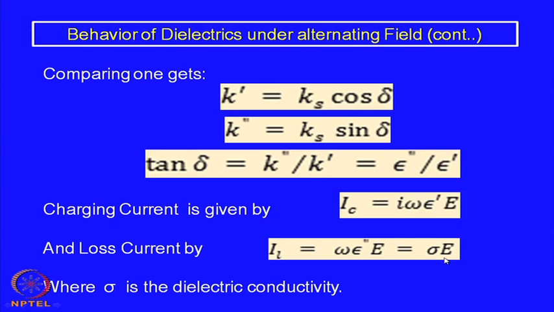This product is sigma, which is different from the DC conductivity. The DC conductivity value will be different, whereas for the AC conductivity this sigma is, that is why it is called the dielectric conductivity.